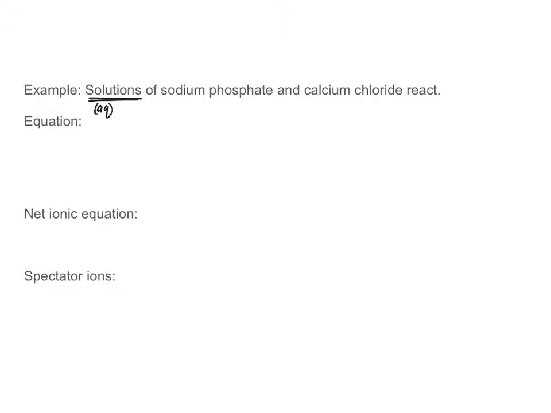First thing I need to do is write the appropriate chemical formula. I know from my periodic table that I have sodium, which is a +1 ion, and I also know from my memory, phosphate, which is a PO4 -3 ion.